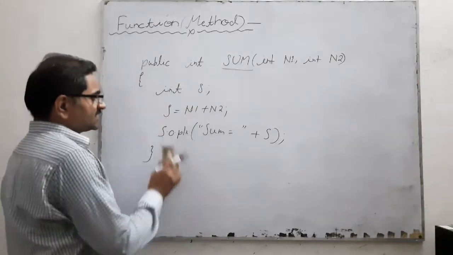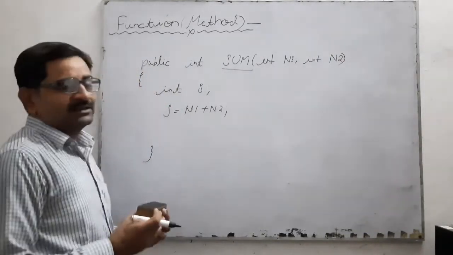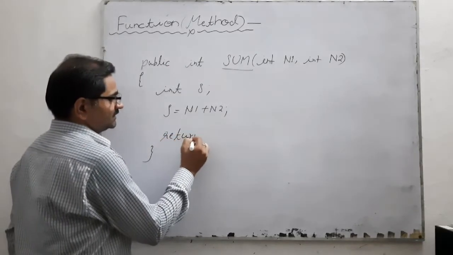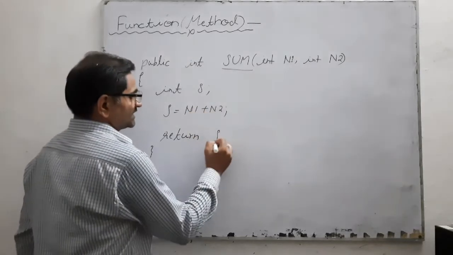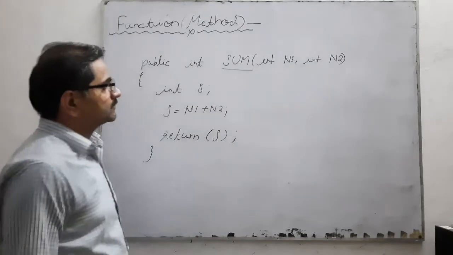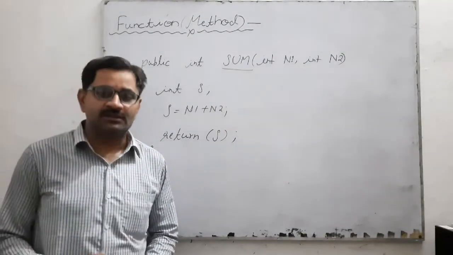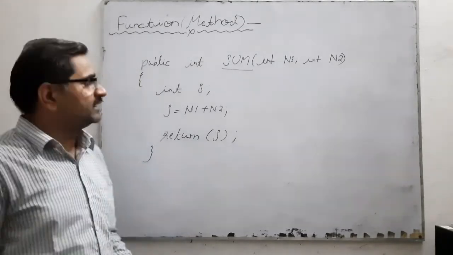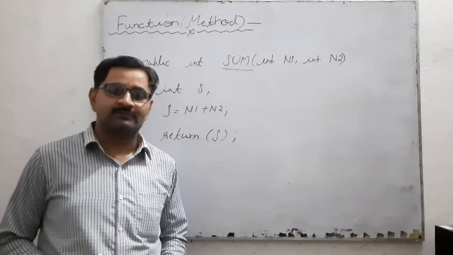And in this case, we cannot print the value here. Here we write the return statement by using the keyword return s. So this is the simple example by which you can easily understand how we can define methods in a program. Thank you.